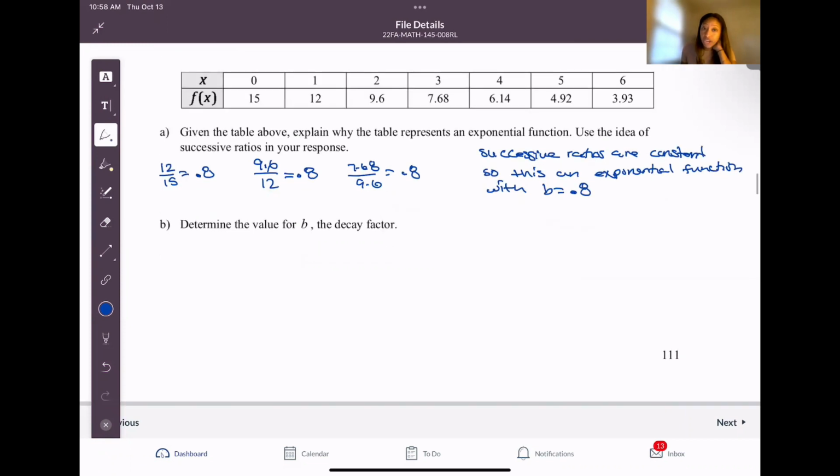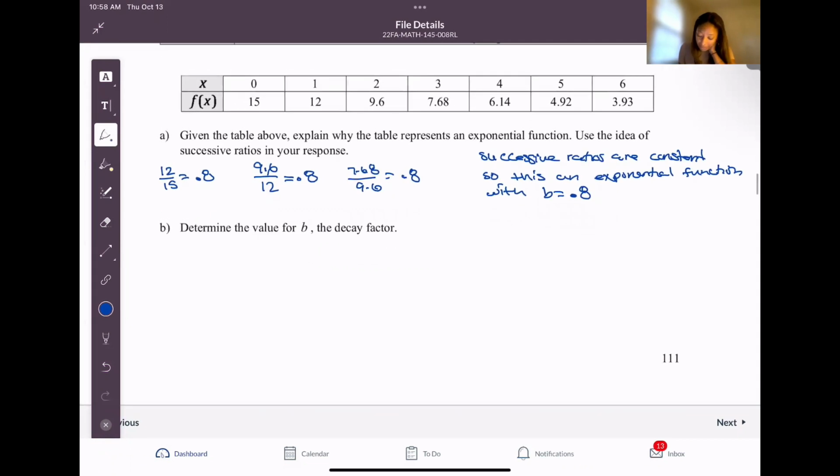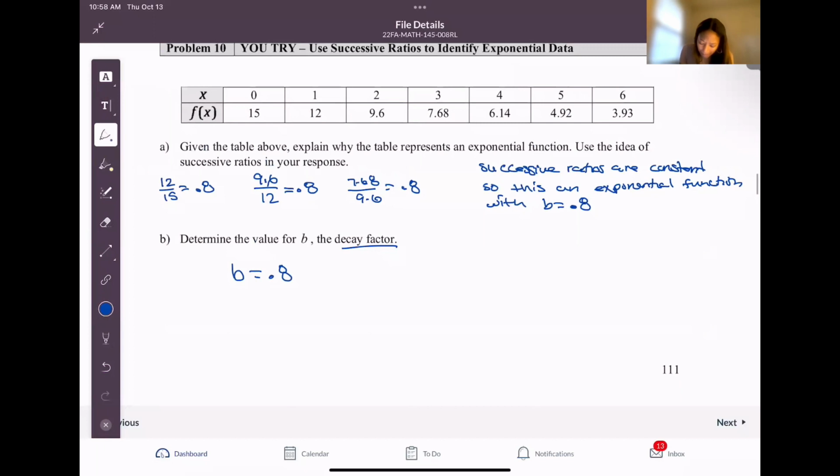So part B, determine the value of b, which is called the decay factor. B is equal to 0.8, and because it's less than 1, it's a decay factor. When b is greater than 1, we call it a growth factor. There should be a part C. We can put this all together and write out the function.